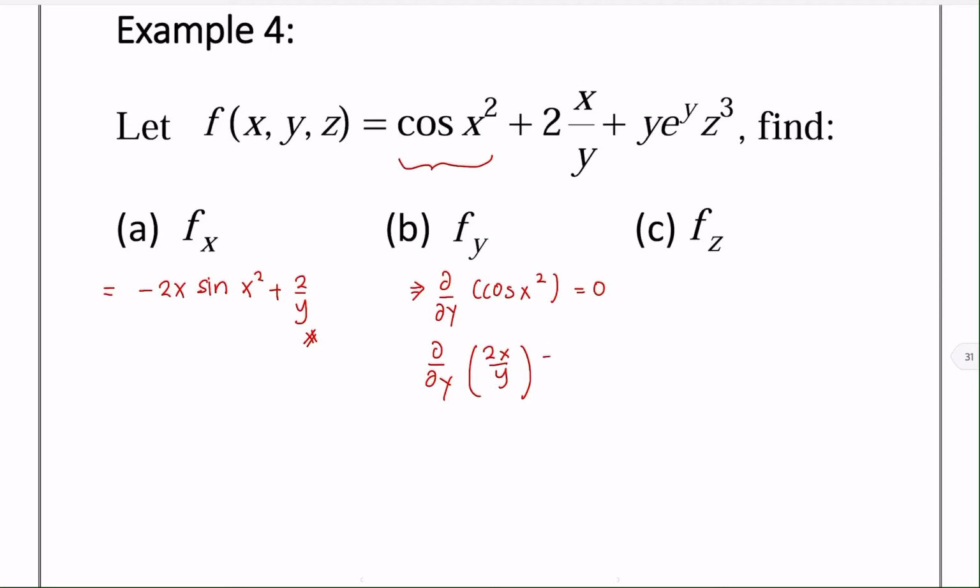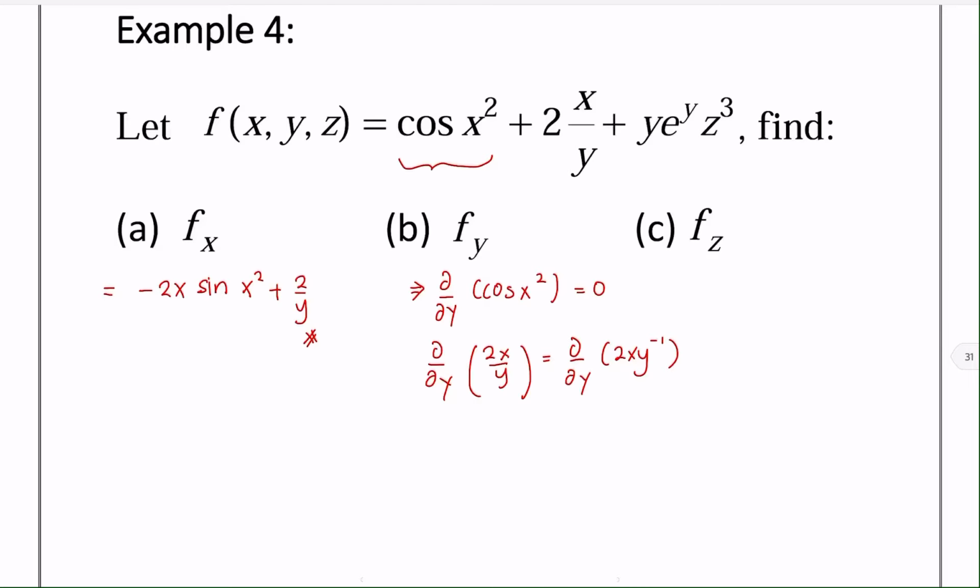In this case 2x is a constant, so we need to differentiate 1 over y, which is the same as d/dy of 2x y to the power of minus 1.